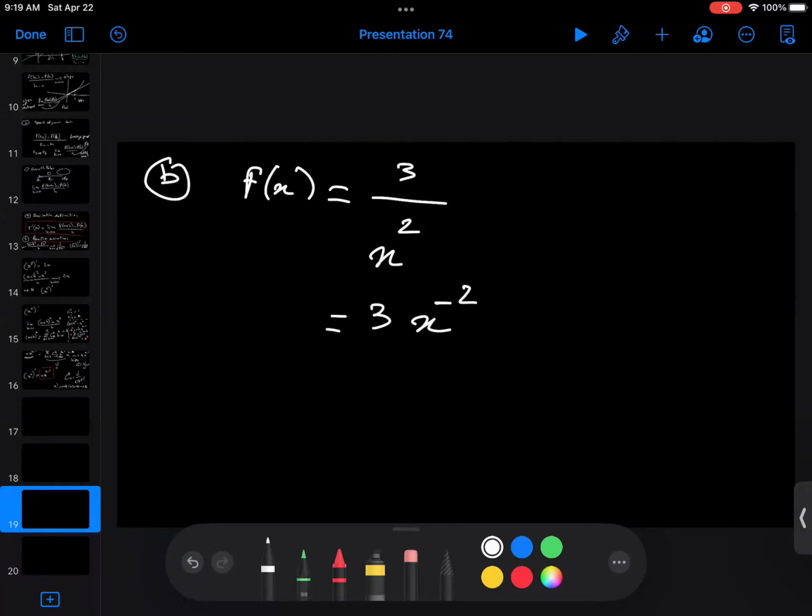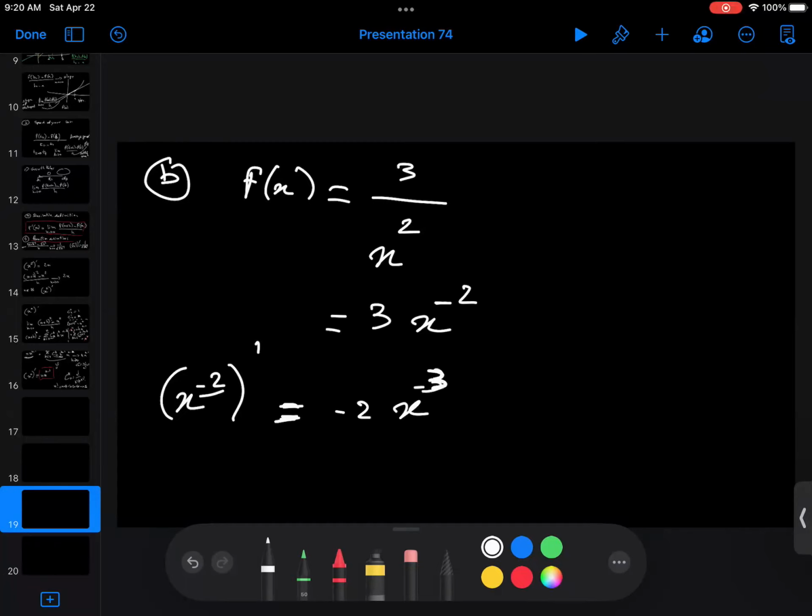Now, if I compute the derivative of x to the power minus 2, I can do the same. I apply this formula and it will be minus 2, this is the minus 2 here, x, and here I will have minus 2 minus 1.